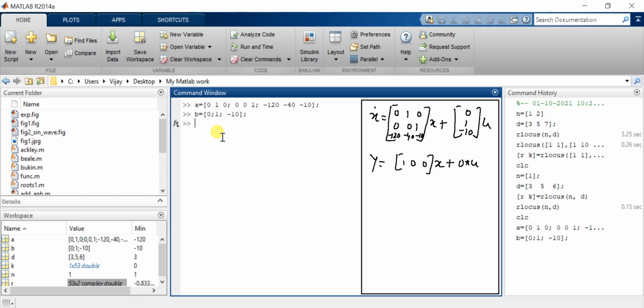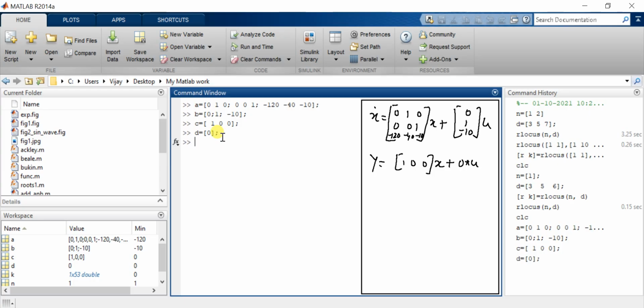Now consider C matrix equal to [1 0 0]. Similarly, D matrix should be equal to 0.